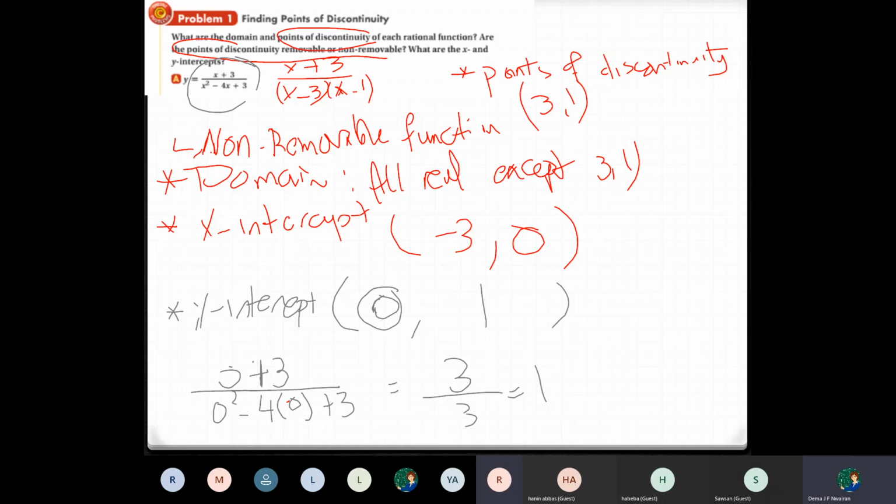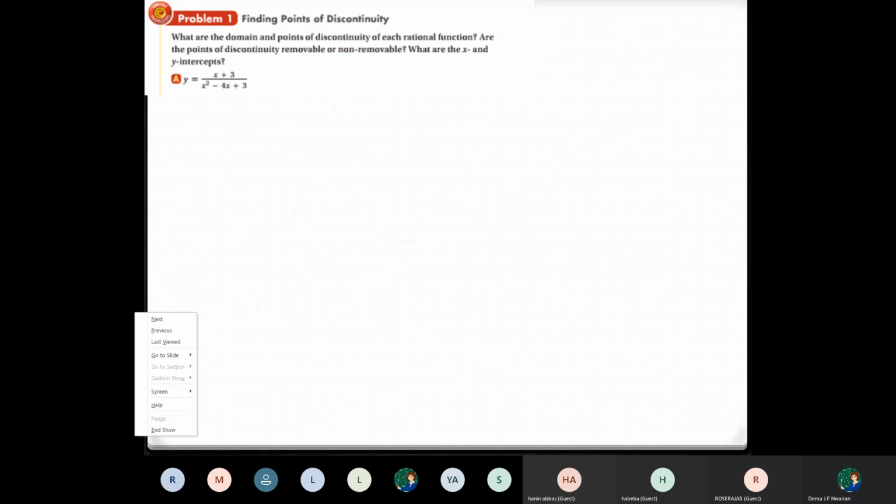Teacher, in the x-intercept, why are we going to the denominator? Okay, because if you want y equals 0, it means that the numerator is 0 or the denominator is 0.